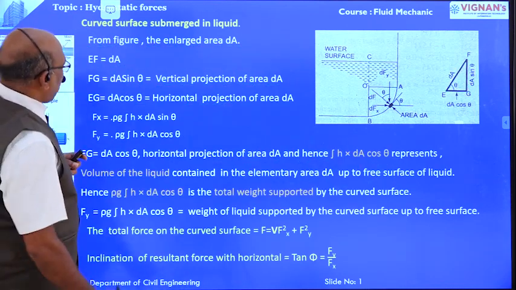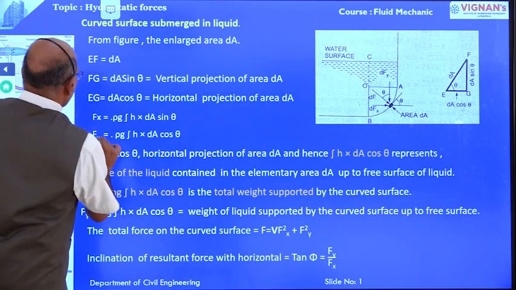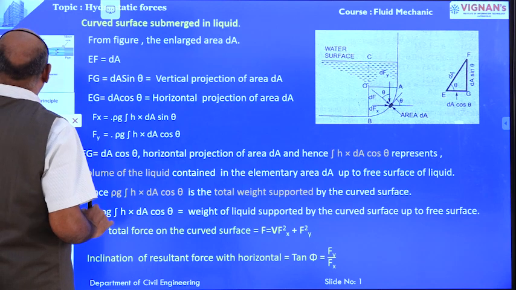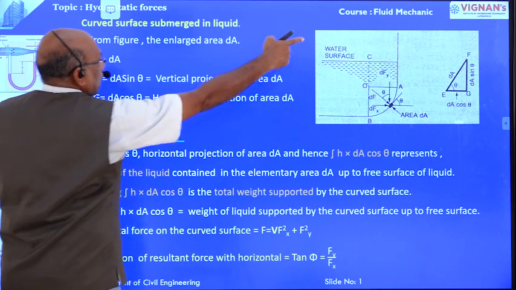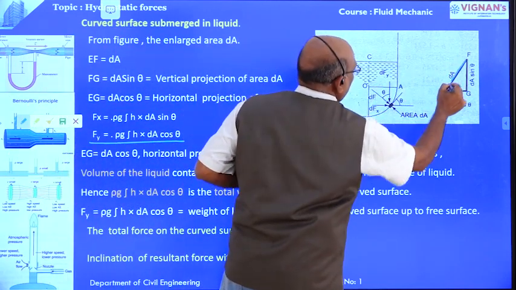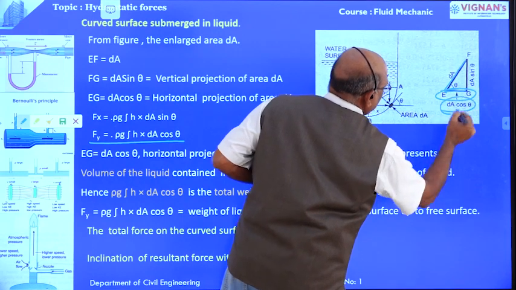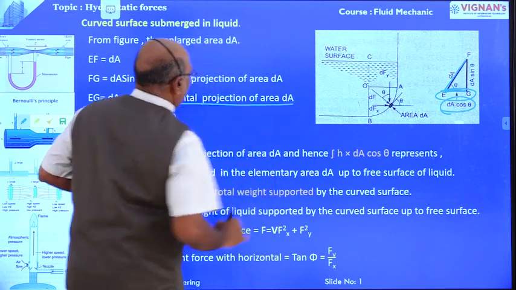Now we are going to take the total pressure force in the y direction. Total pressure force Fy in the y direction, that is the formula already we have derived. This is the formula. From this diagram, we know EG is equal to dA cos theta. dA cos theta represents the horizontal projection of the area.